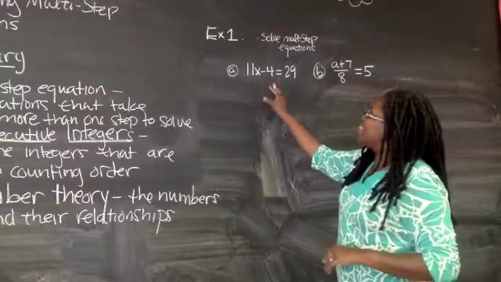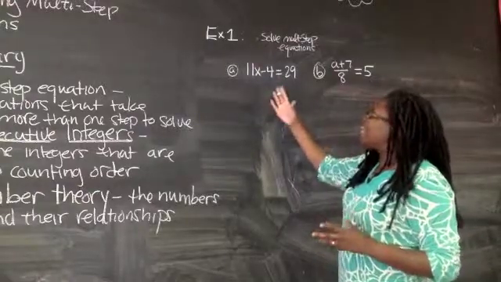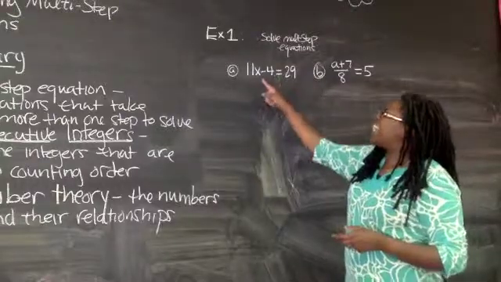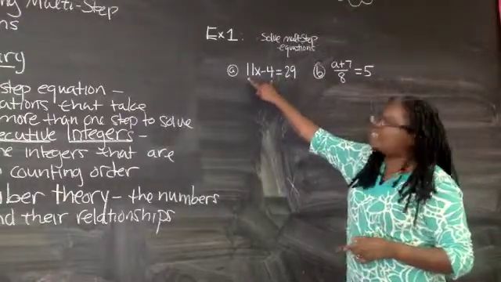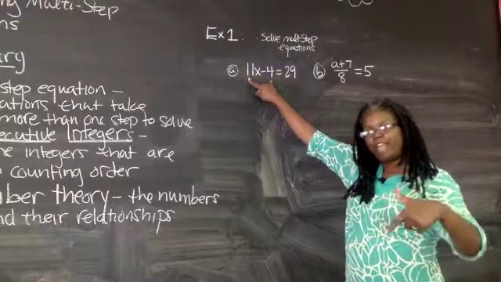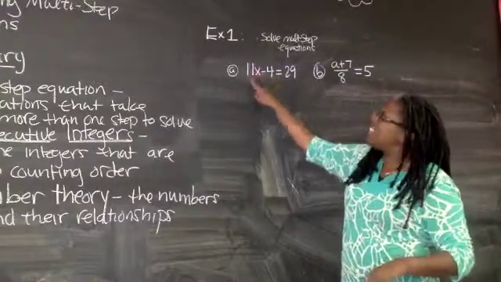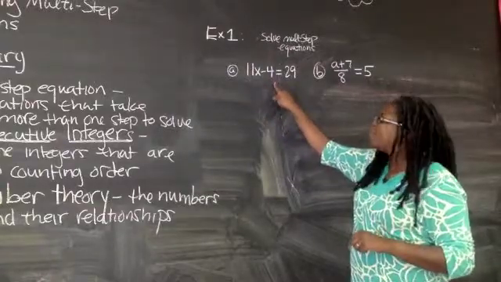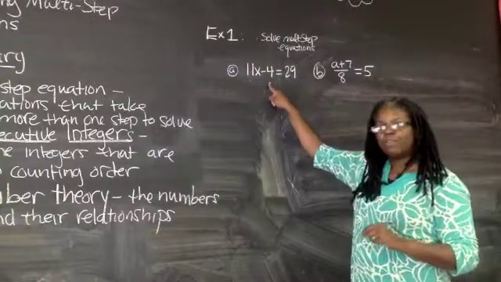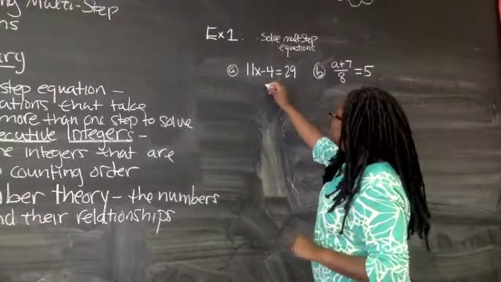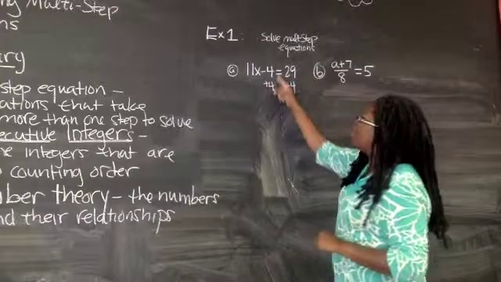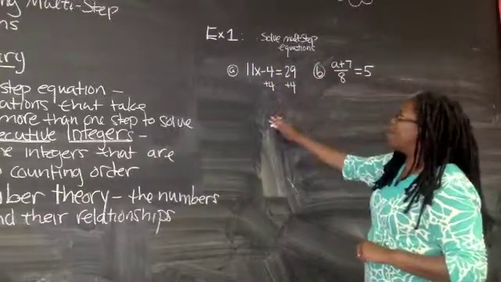I'm trying to get at x, and the 2 things that are bothering x are 11 and negative 4. Since this 11 is attached to x by multiplication, I'm going to save that for last and get rid of the 4 first. In order to get rid of this 4, I'm going to add its opposite. So I'm going to add a positive 4 to both sides, undoing this negative 4.